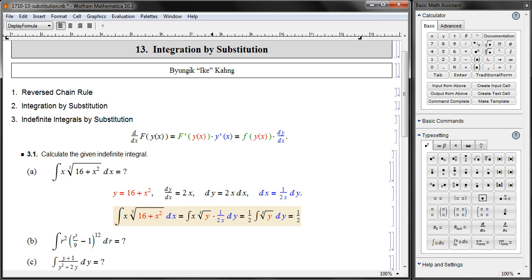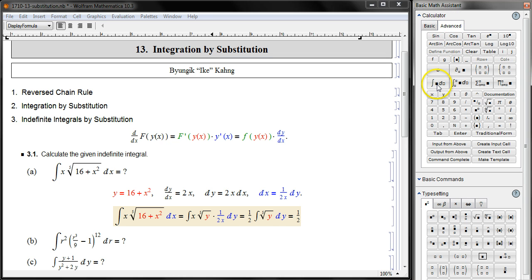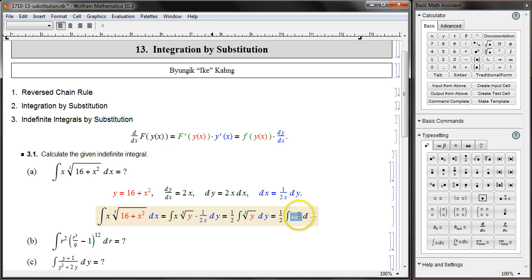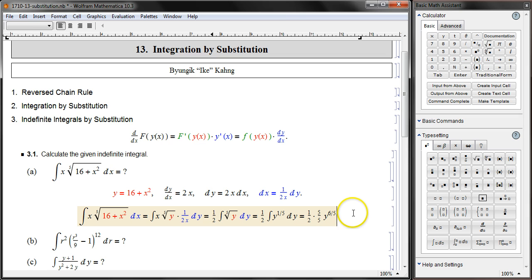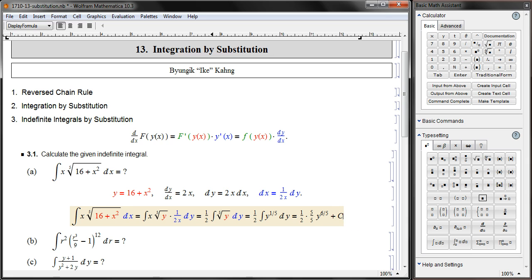Let's finish this computation. So we have the antiderivative of y to the 1/5 power dy, and let's finish this computation: y raised by the power of 1, and then we have to divide. This is good. This is the correct antiderivative, but it's not the final form yet. The original problem was given in terms of x. This is the correct antiderivative, yes, but it's given in terms of y.